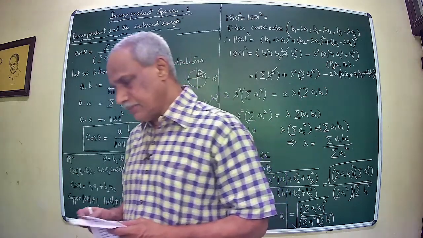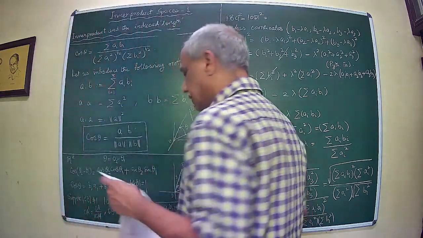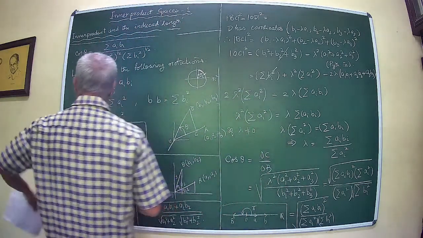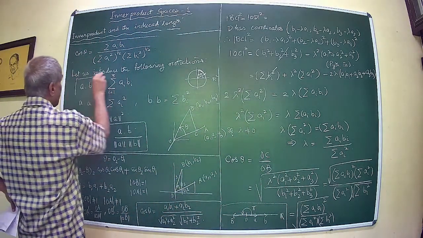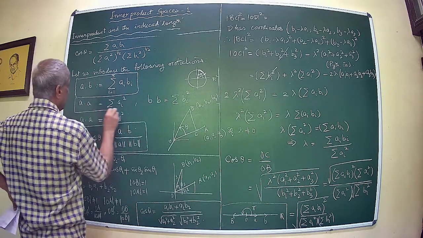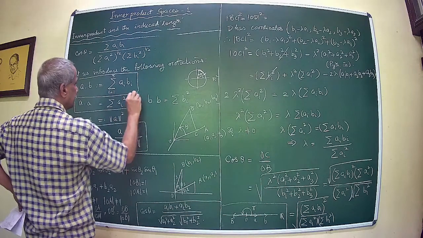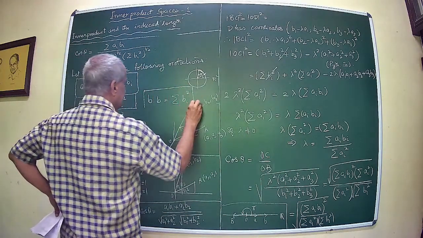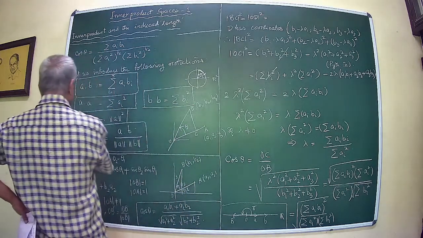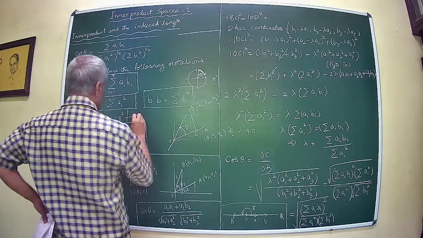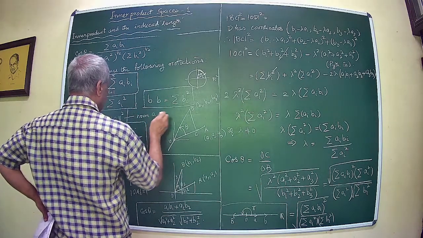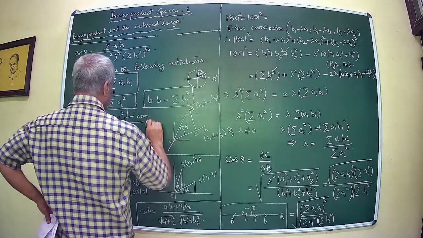Now we observe the following. We have introduced certain notations already. These are the notations. We have defined the dot product in this way, and then the square of the length is given by these two, and this we have designated as what is called the norm.